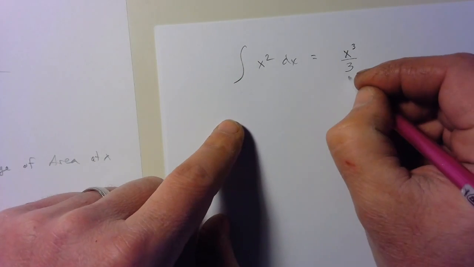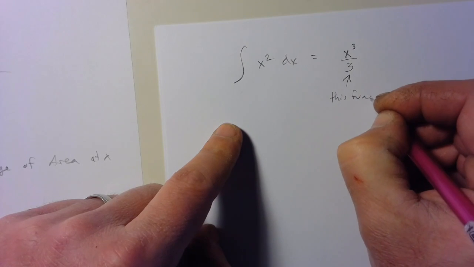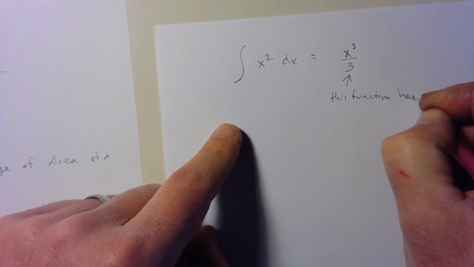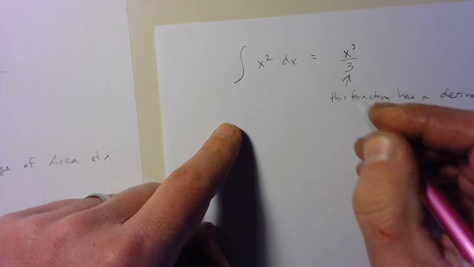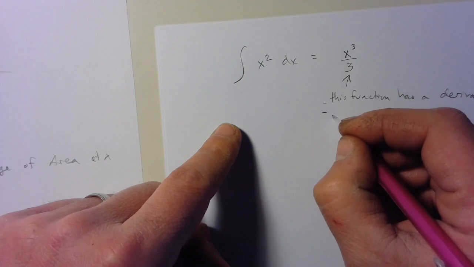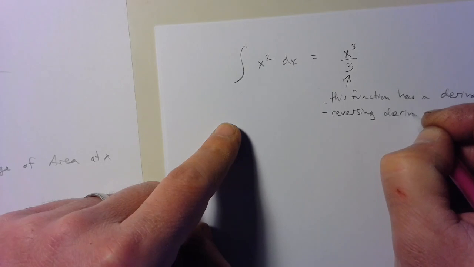So this function has a derivative of x squared. Another way to think of it is, you're reversing your derivative rules.